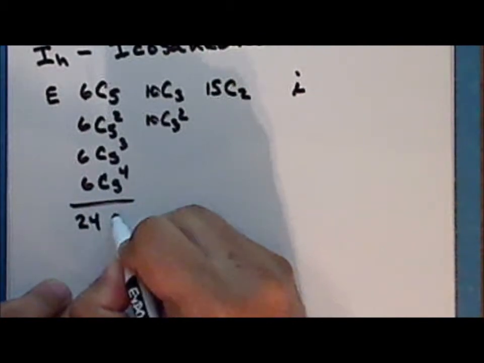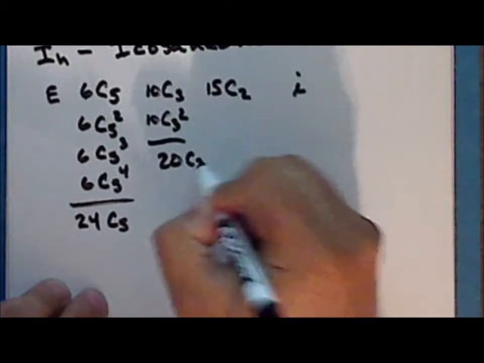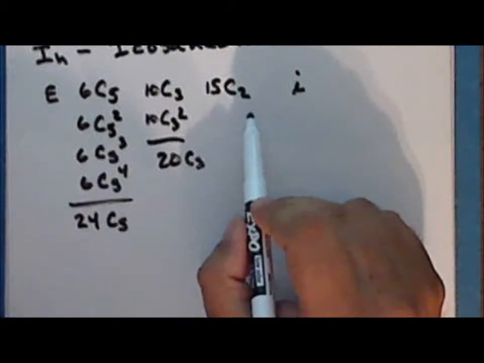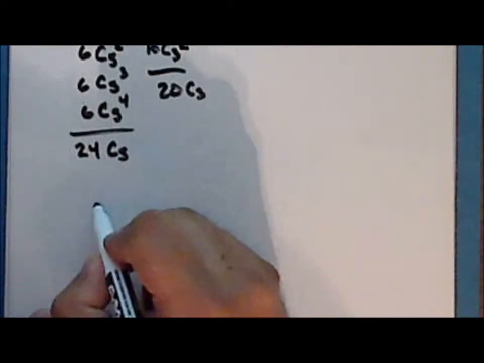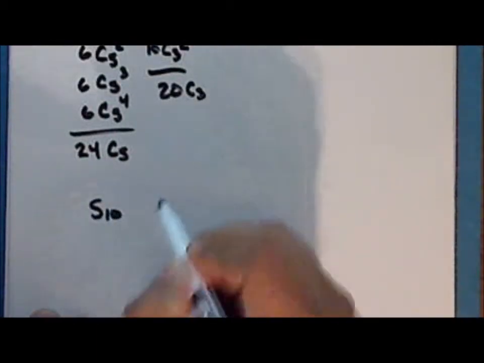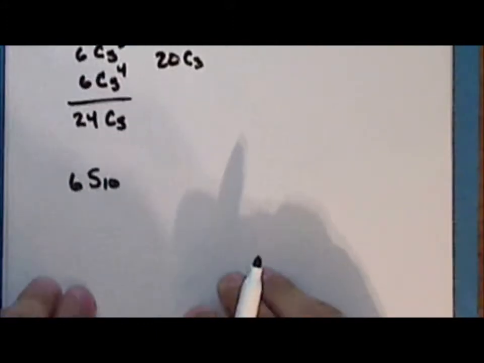And so we have a total of 24 C5 elements, a total of 20 C3 elements, 15 C2 elements, and an inversion center.